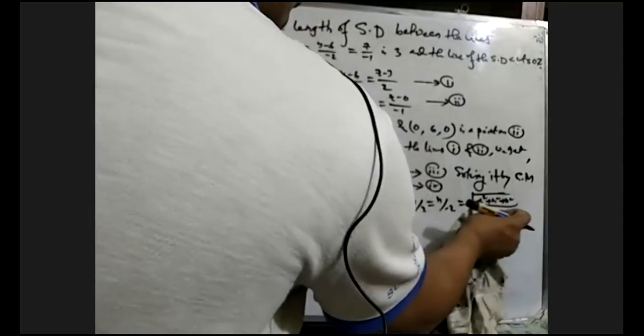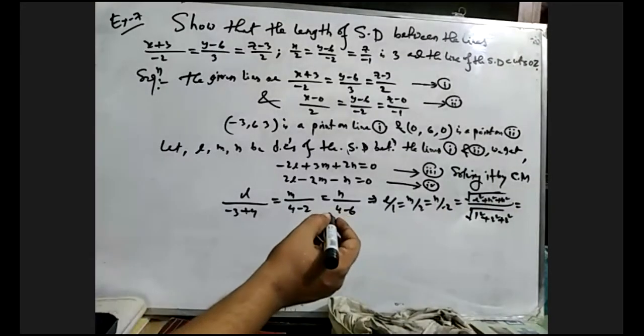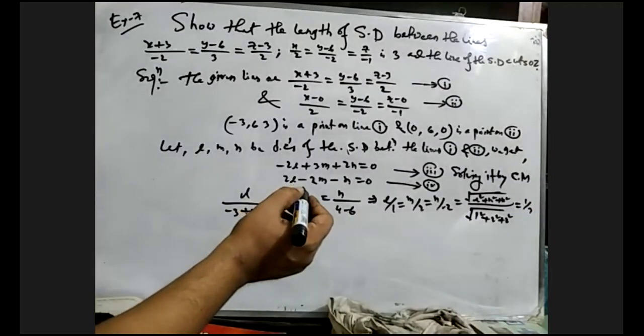So this can be written as L square plus M square plus N square divided by root over 1 square plus 2 square plus 2 square. So this equals 1 by 3.